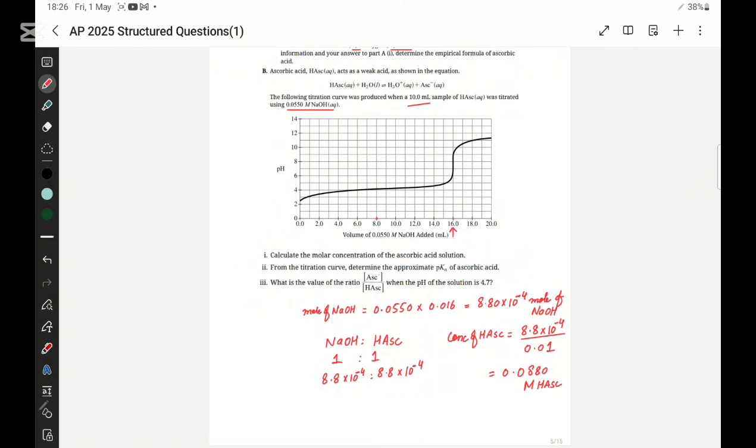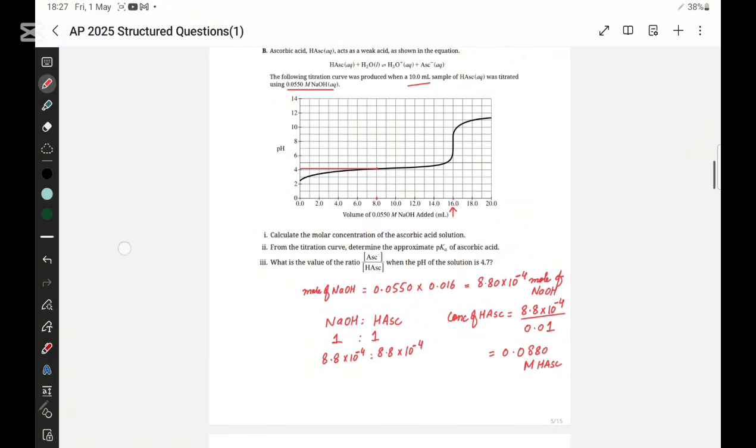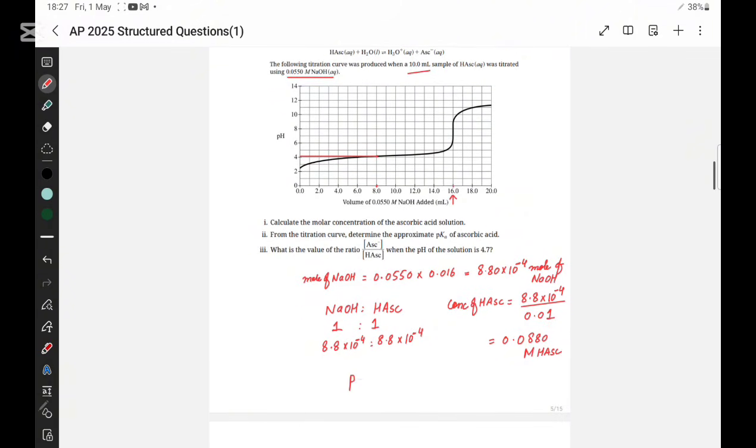So half is 8, and it is going to be at this point. And if we want to find out the value of pKa, it is going to be at this place. That is going to be 4.1. So at this point we are going to have the pKa value, which is going to be 4.1.